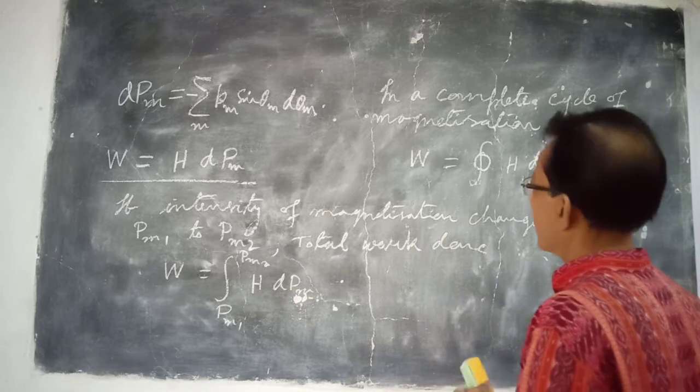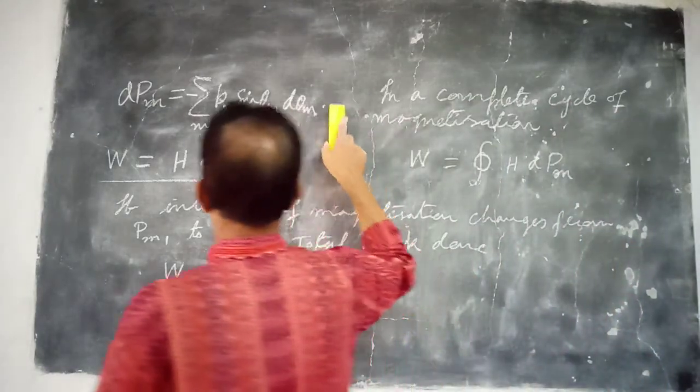So this is the total work done over a complete cycle of magnetization.